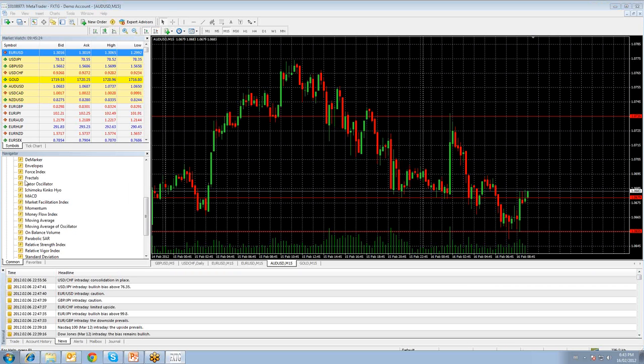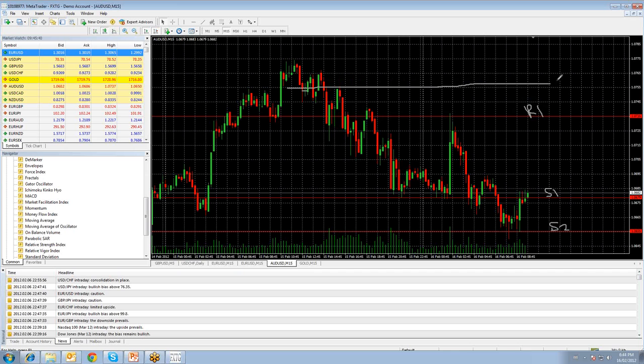Okay, so I'll just draw it up again. So here, this will be a support 2, support 1, and R1. My next resistance level would possibly be around here. This would probably be an R2, and obviously resistance level R3, if I had to drop lines, will be there.